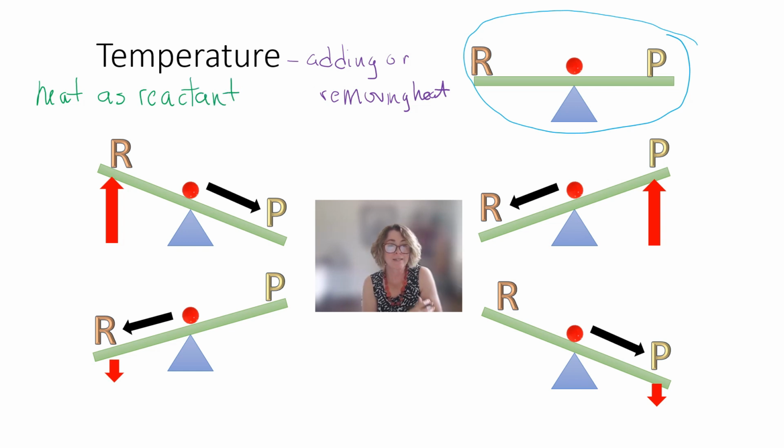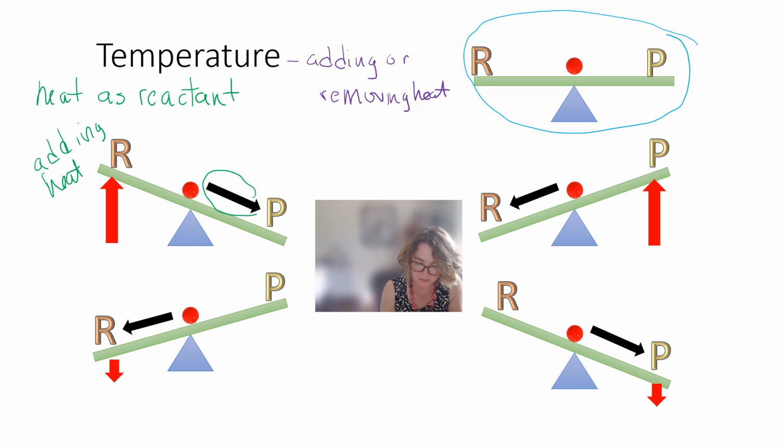And so we're going to essentially run through exactly what we did on the last slide. If heat is a reactant, and I am adding heat here, I am causing the ball to roll to the product side, and so I am shifting my equilibrium to the products.